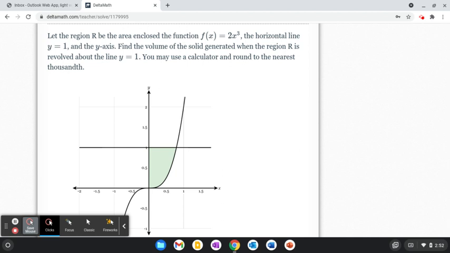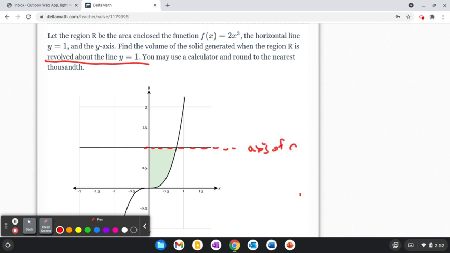Okay, so we always want to identify what you're revolving it around first. In this case, it says we're revolving it around y equals 1. So this is our axis of revolution. Technical term, right? Axis of revolution. So this one gets rotated, and we again get this shape here, where we're finding the volume cut into these discs.